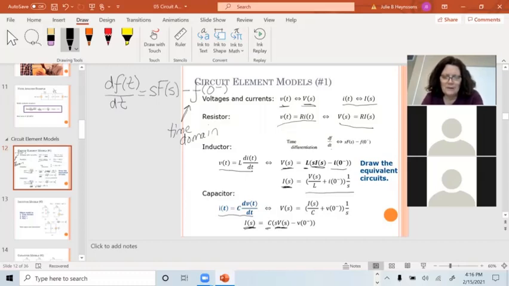I just transform that V term and then subtract off little v of 0. So that's in the time domain. And then I do some algebra and flip it around, and I solve that equation for V of s, and I come up with this. So there's an extra term in here. It's not just SL and 1 over SC. And we'll get to pictures in the next slide, which is the part that I like.